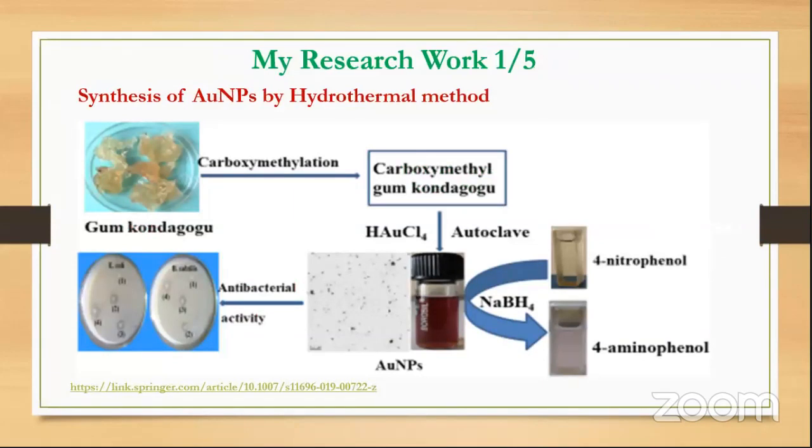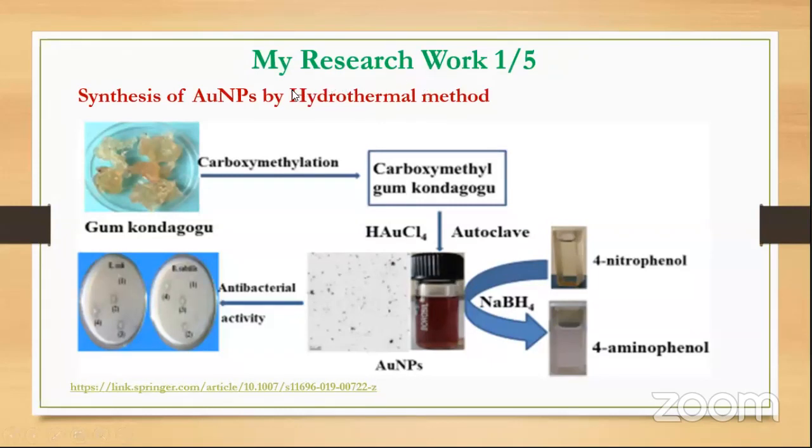Now let us see, I am going to explain one of my research works published in chemical papers. The first one, synthesis of gold nanoparticles by hydrothermal method. Before starting the synthesis, what is the hydrothermal method? It means we synthesize nanomaterials by using heating devices.